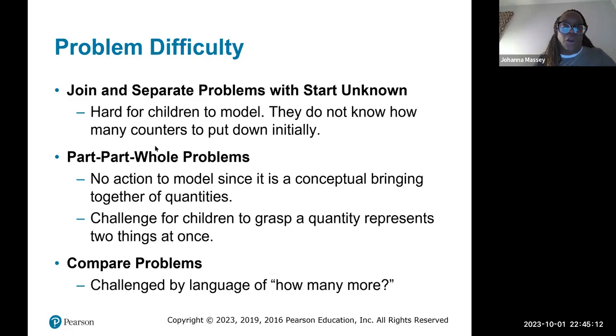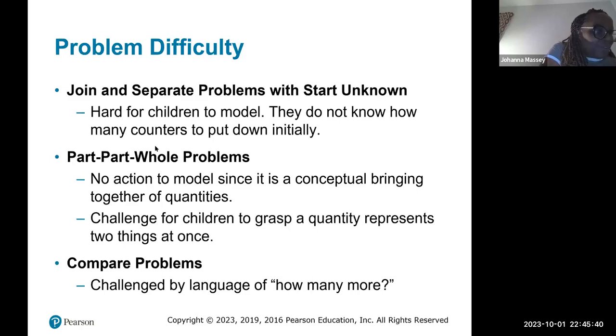The part-whole problems. Here's some more problem difficulty with that. There's no action to model since it's a conceptual bringing together of quantities. There are some things you can use, like the part-whole mat. You can also use, oh my goodness, I want to say they're called cluster problems, but they're not called cluster problems.